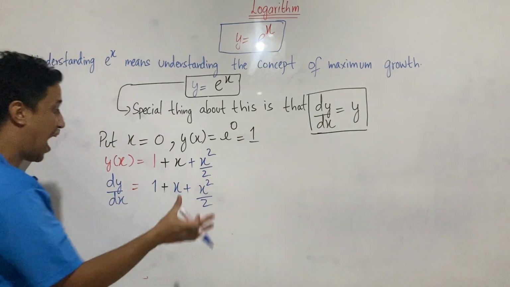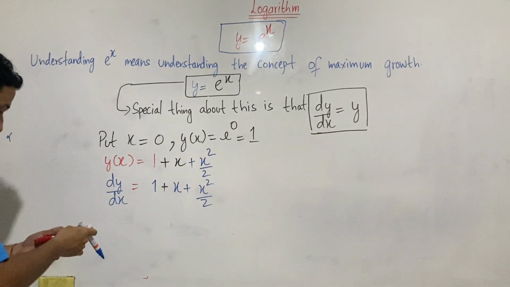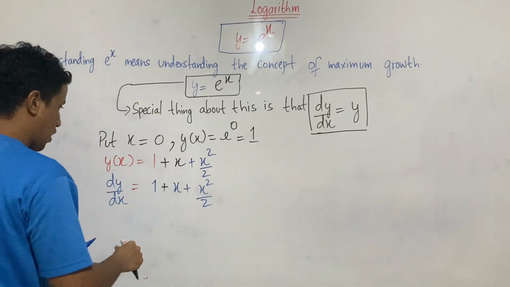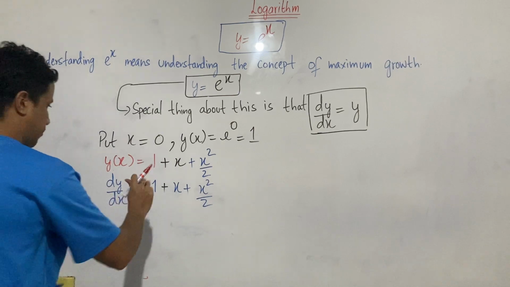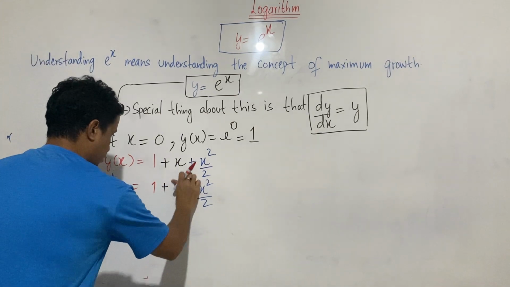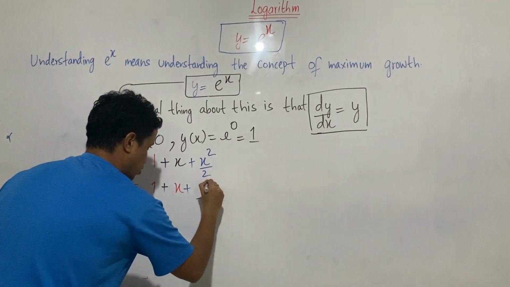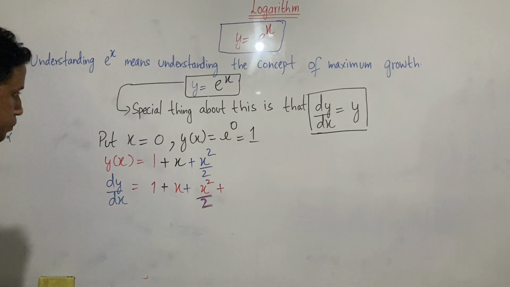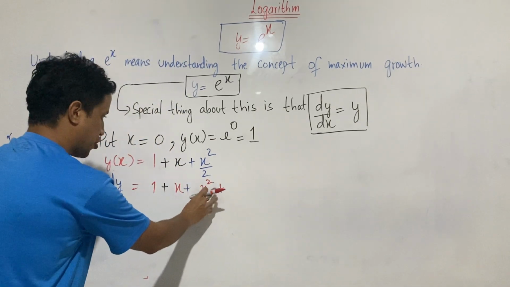But here I can use a different marker for better clarity. This is 1, this is x, this is x square by 2. Now here I have x square by 2.